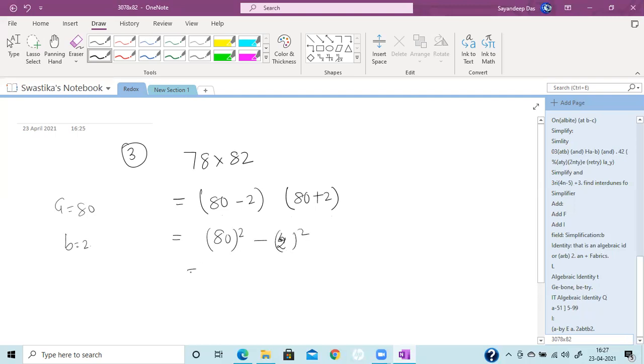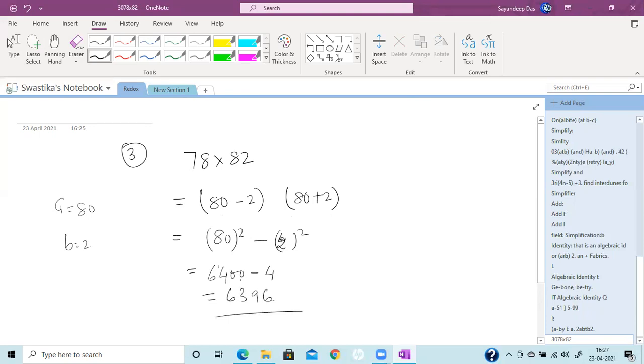So what you will get? 8 8s are 64, so 6400 minus 4 is equal to 6396. This is the answer.